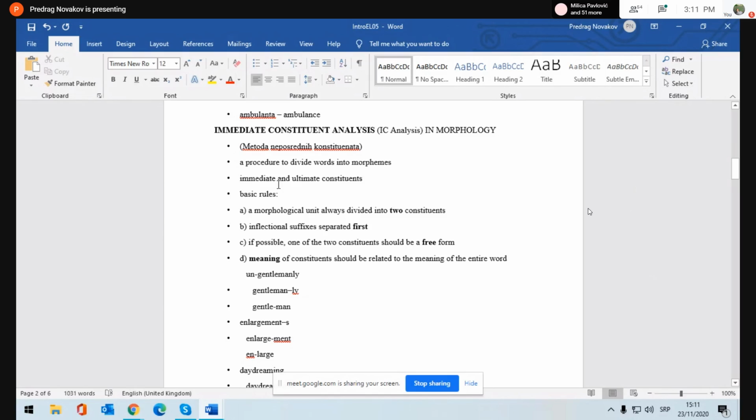So you have immediate and ultimate constituents. Ultimate, you can probably guess, are those which cannot be further divided into morphemes. So ultimate, krajnji, okay, they cannot be further divided into morphemes. Immediate, they are somewhere in between the first word and the ultimate constituent.